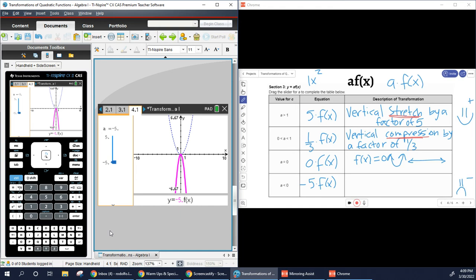Any negative number, or let's just keep it generic, some negative number, whatever negative number it is, it's going to reflect over the x-axis.